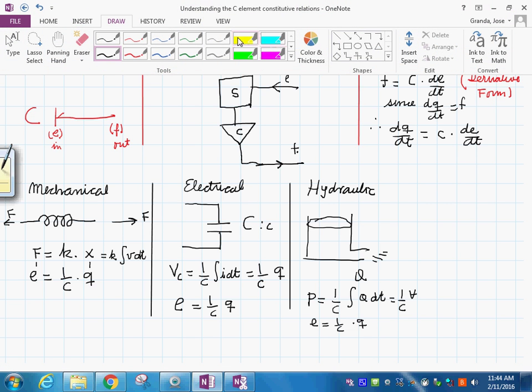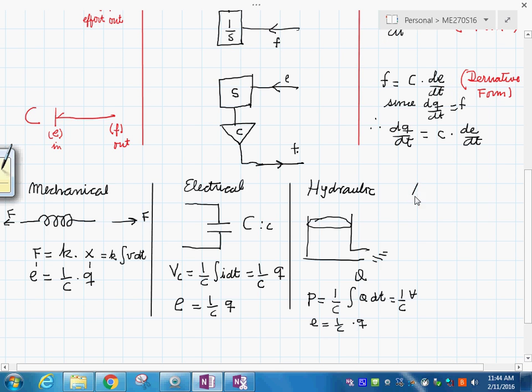Well, maybe we'll do it this way. One where you put the moment in here, like this. So in here you have that T, the torque, is equal to the stiffness in rotation times the angle of twist, or this is K times the integral of omega dt in rotation. And this is the same thing as E is equal to 1 over C times Q.